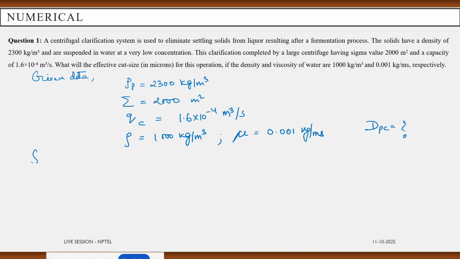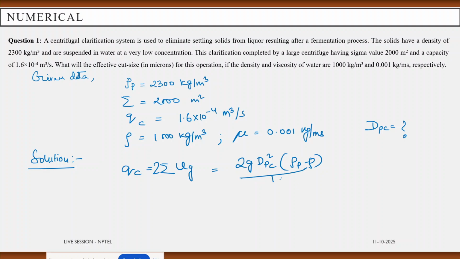We know that the equation tells Qc equals sigma into 2 Ug. What is Ug? dp square (rho p minus rho) g by 18 mu into sigma value.